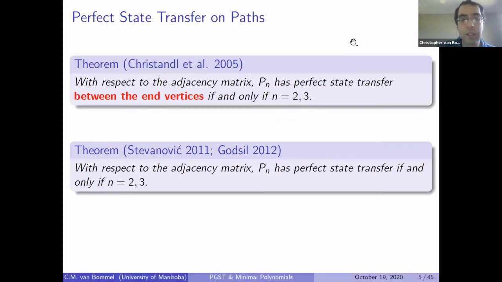That was between the end vertices, and then this result was generalized to any pair of vertices on the path by Stevanovic and independently by Godsil. And that again, you can still only achieve this perfect state transfer on paths of length 2 or 3.